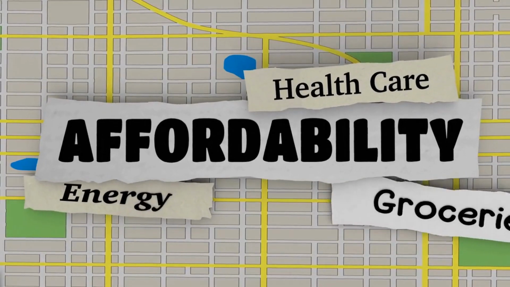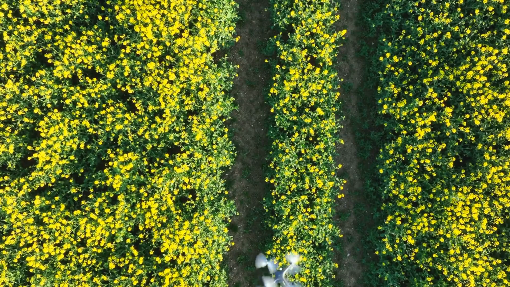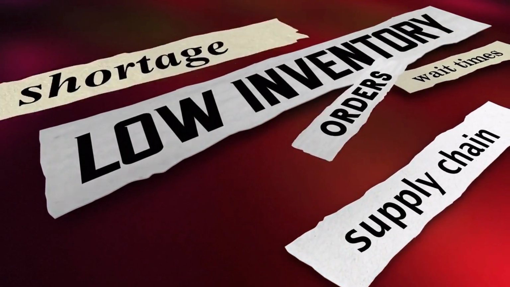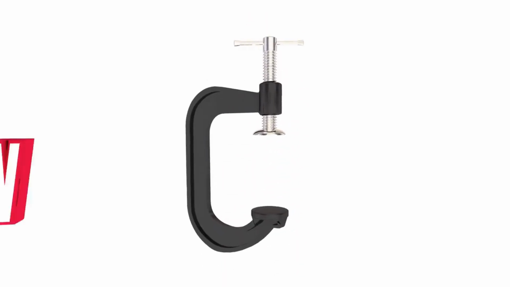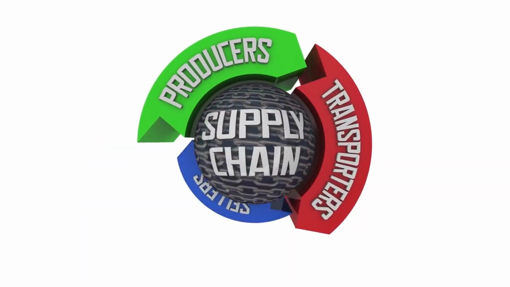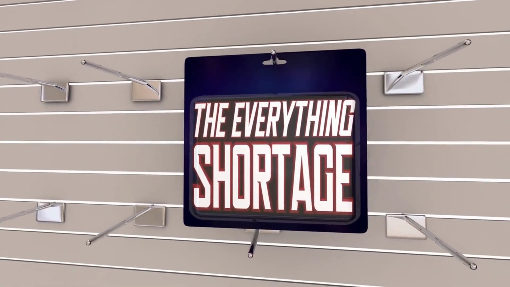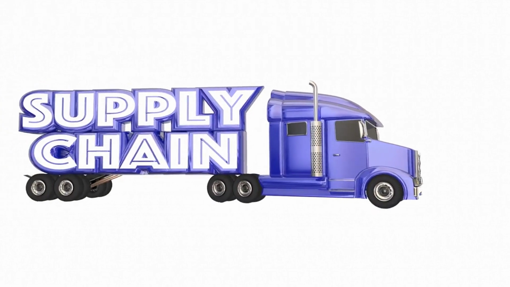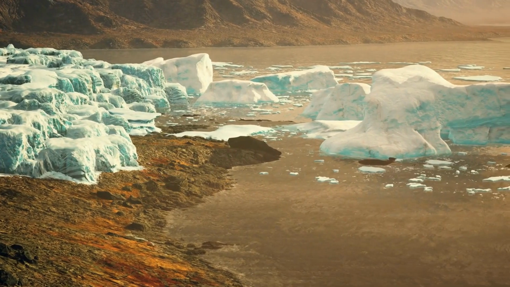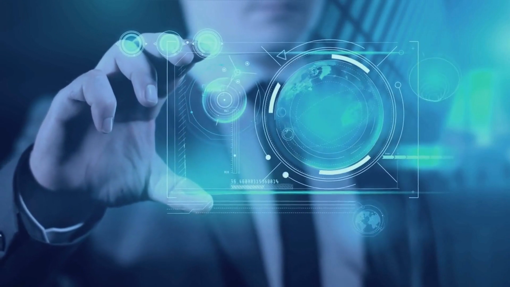Climate change can also have indirect economic impacts, such as reduced crop yields and disruption of supply chains. These indirect impacts can be difficult to quantify, but they can have significant economic consequences. In addition to the direct and indirect costs of climate change, there are also long-term economic consequences to consider. The longer we delay taking action on climate change, the more expensive it will be to fix in the future.